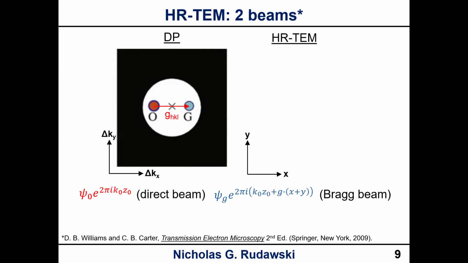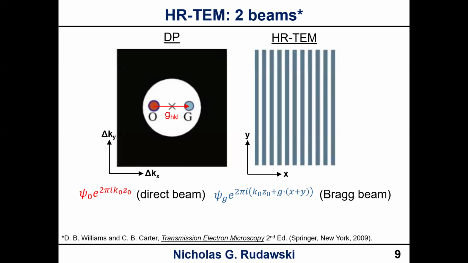If we look at the Bragg beam, it has its own amplitude psi g, and then the phase factor term is similar to that for the direct beam, but you can see that inside of the complex exponential, we have added in g dotted with x plus y. That term, g dot x plus y, is the phase difference for the Bragg spot compared to the direct spot.